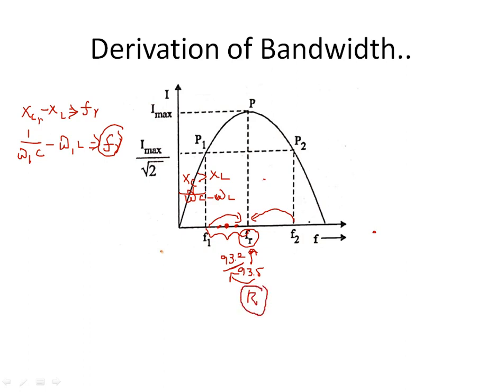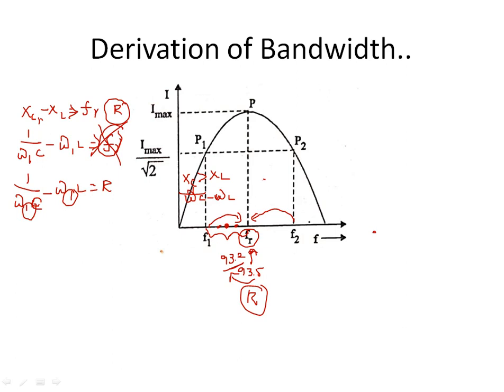It will be purely resistive. Hence, you should substitute R on the right side. So 1 by omega 1 C minus omega 1 L should be equal to R. What does this 1 represent? That is the lower cutoff frequency.